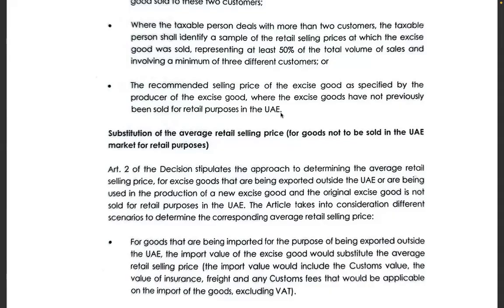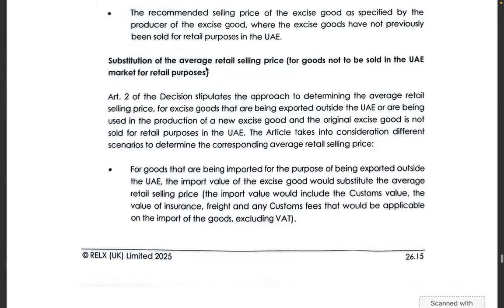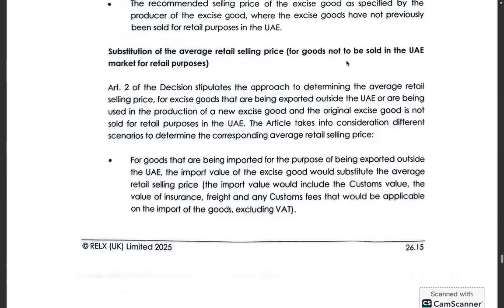So the third case is where goods have not yet been sold for retail purposes in the UAE, but there is a recommended selling price for that excise good as specified by the producer of the excise goods. Now, substitution of the average retail selling price for goods not to be sold in the UAE market for retail purposes.